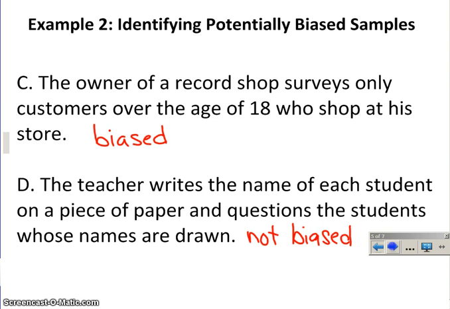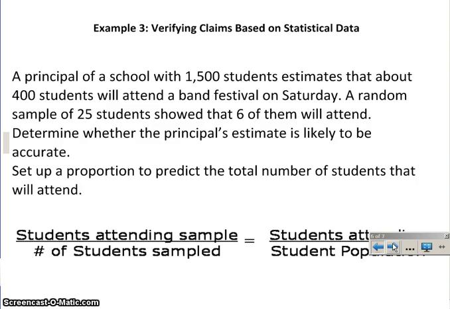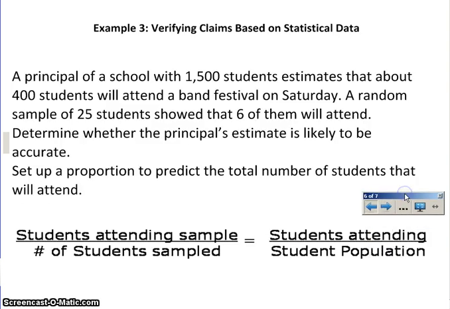All right, flip your notes over, and we're going to talk now about how we can take a survey of the sample of a population and apply it to the whole population. So a principal of a school with 1,500 students estimates that about 400 students will attend a band festival on Saturday.